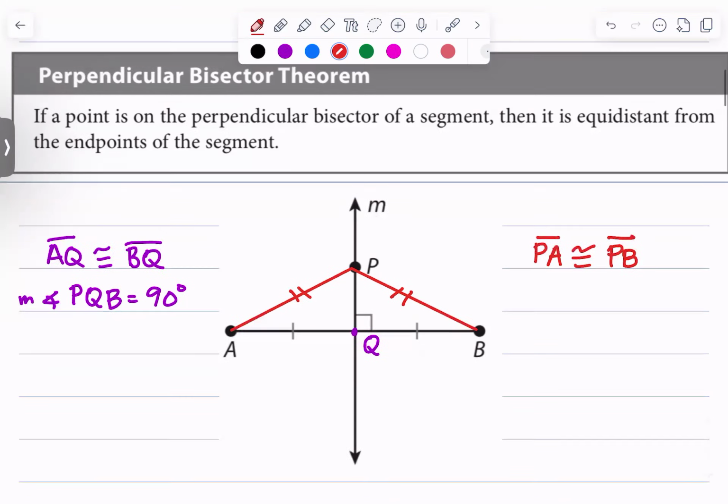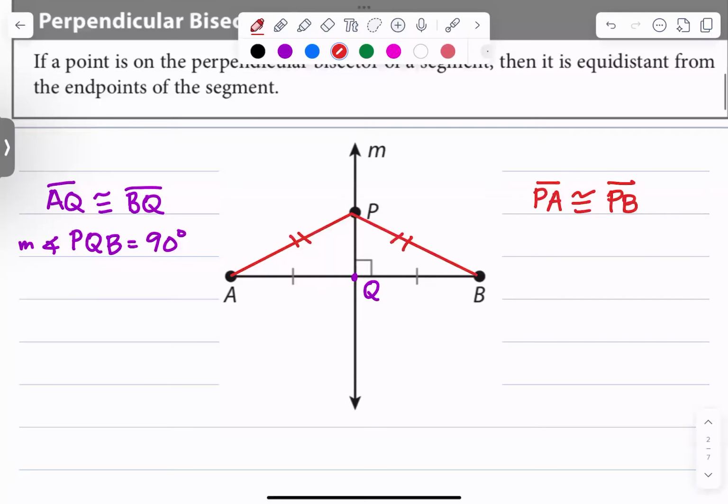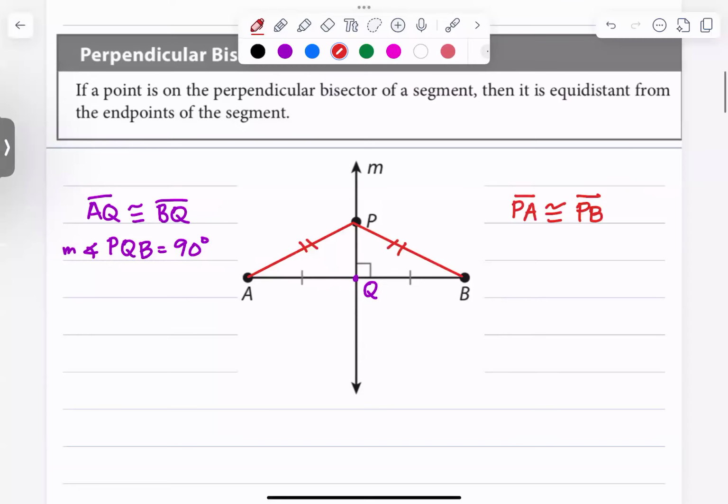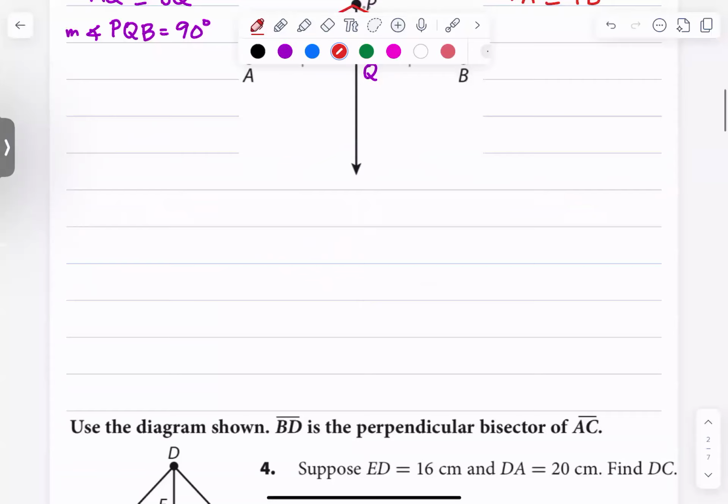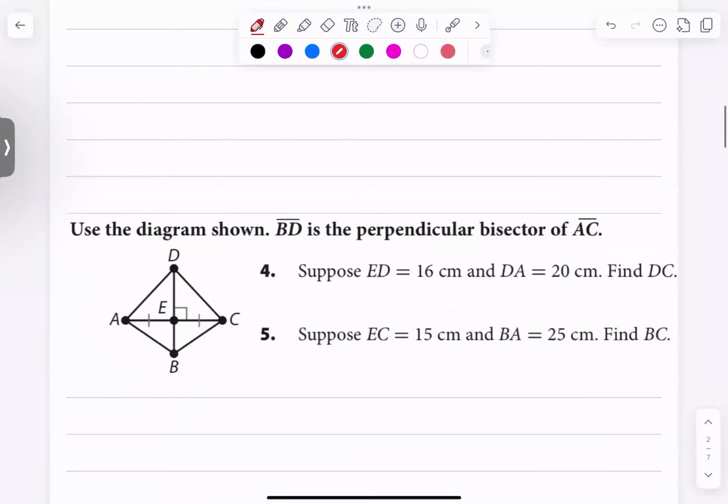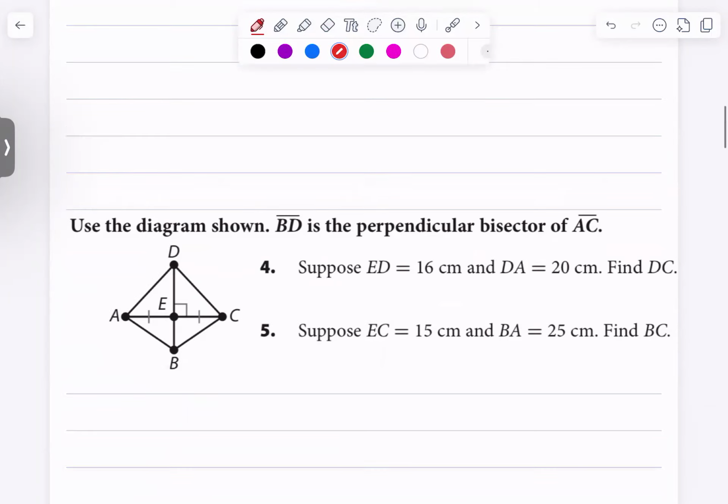So if I know that, and if I have this question: use the diagram shown. BD is the perpendicular bisector of AC. So this perpendicular line here is the perpendicular bisector of this.